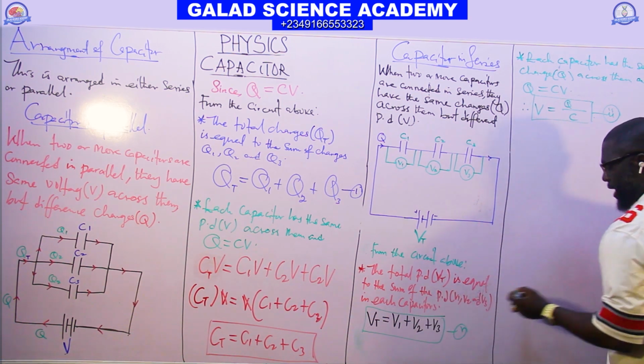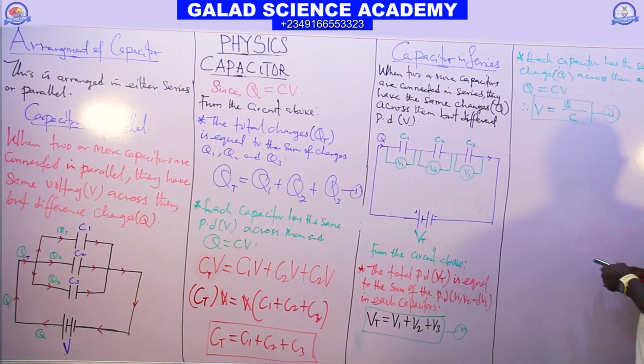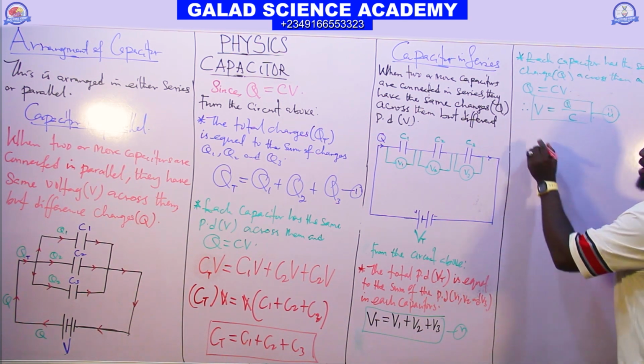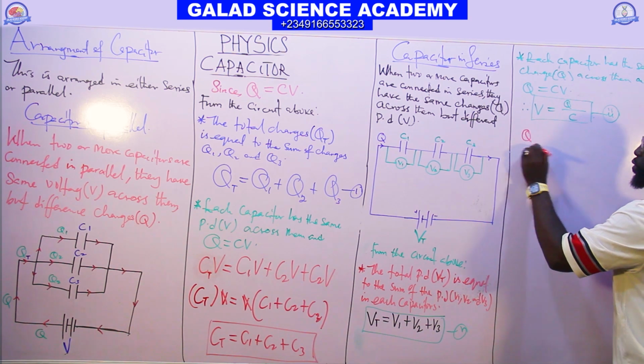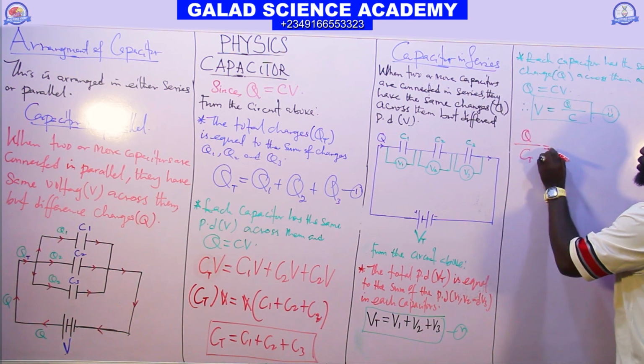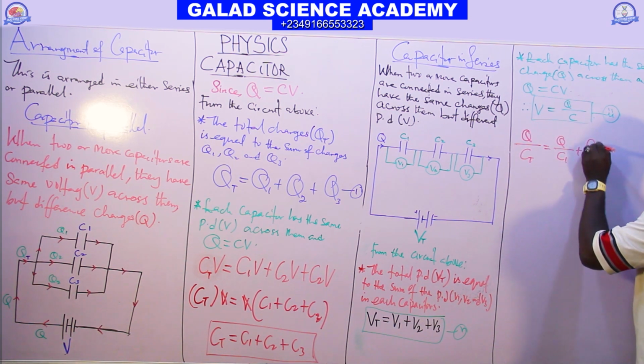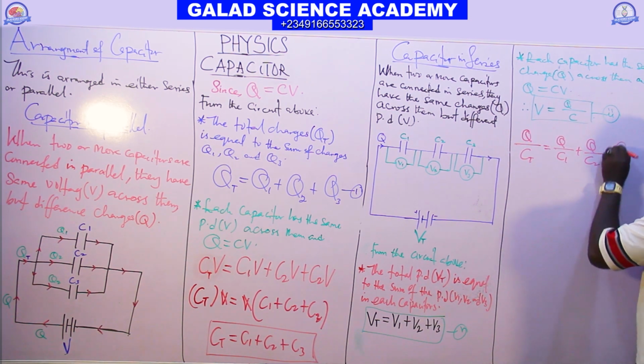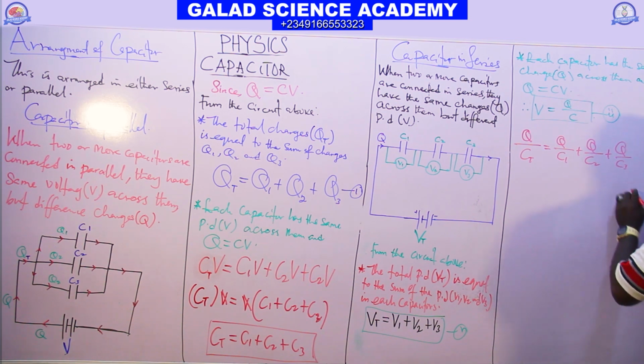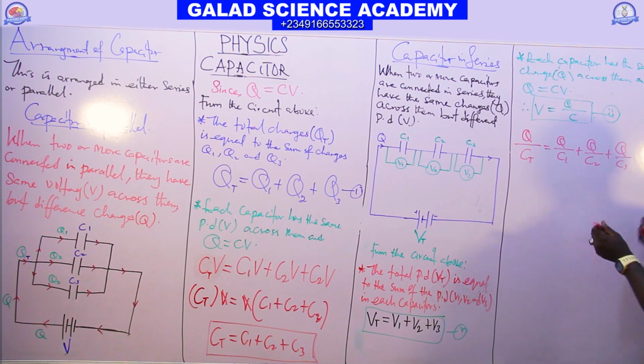Substitute for V here. At the end of the day, we have Q over C total equal to Q over C1 plus Q over C2 plus Q over C3.